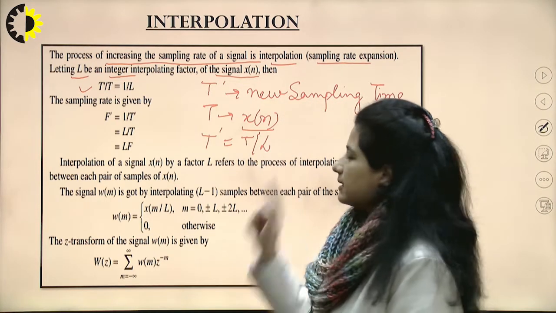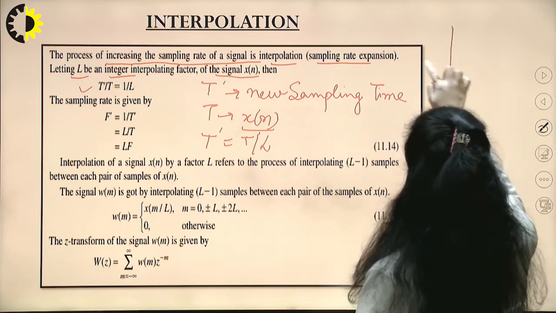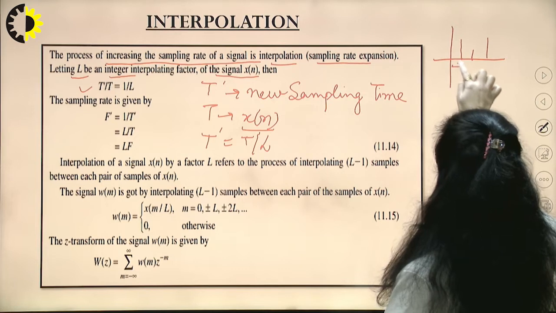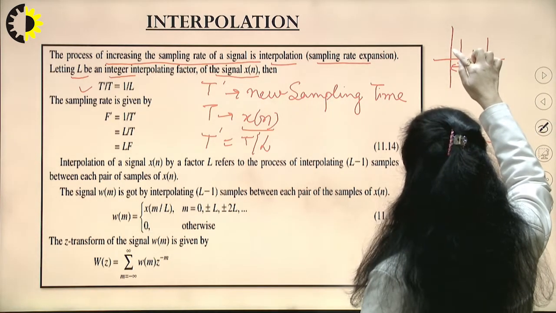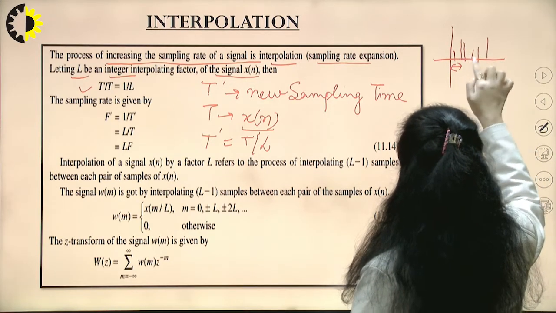L is any integer number, that means the time distance between the samples of the signal which I have, if these are my signal samples and this is the duration between two samples, this duration is going to be decreased. I'm going to insert certain values in between these two samples.